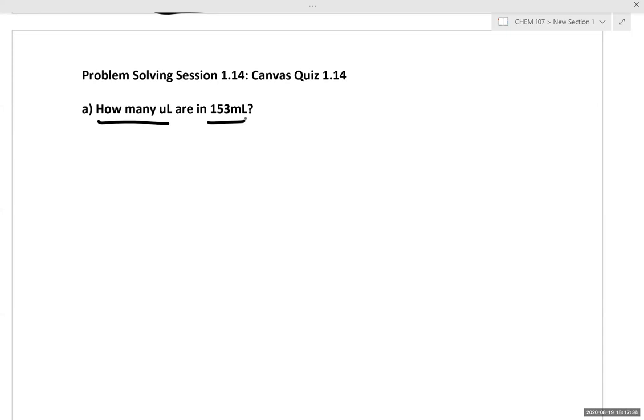And just make sure that when you're performing your unit conversion, you place the power of 10 with the base unit.